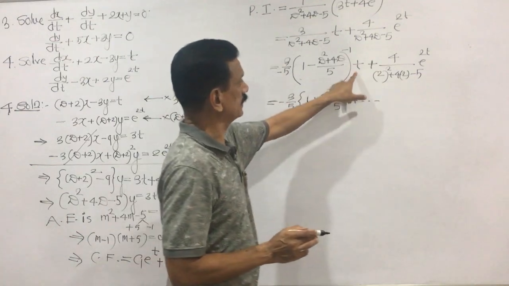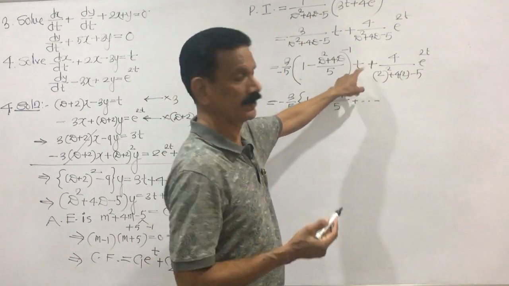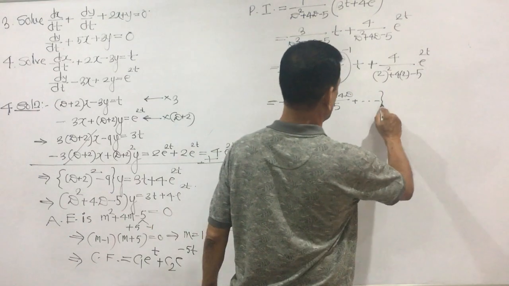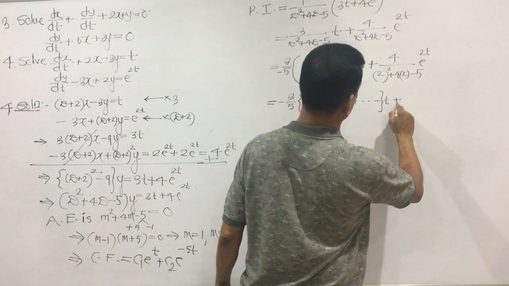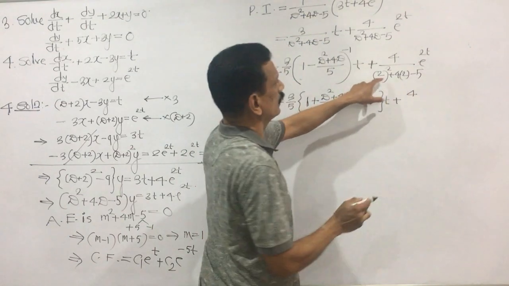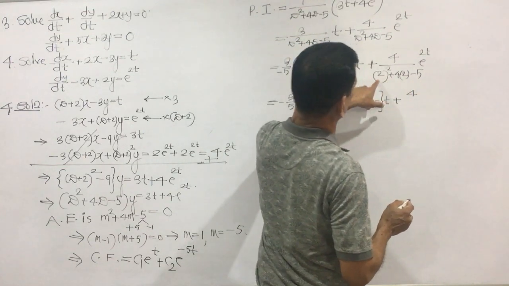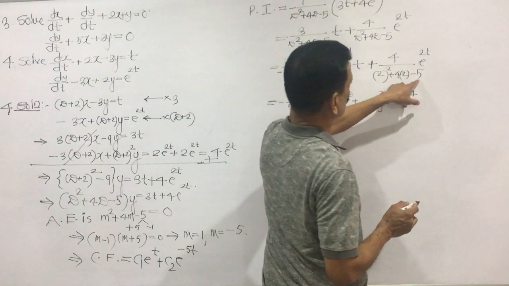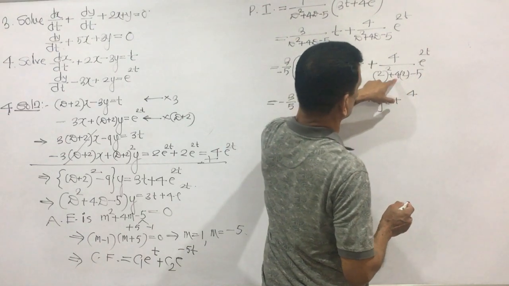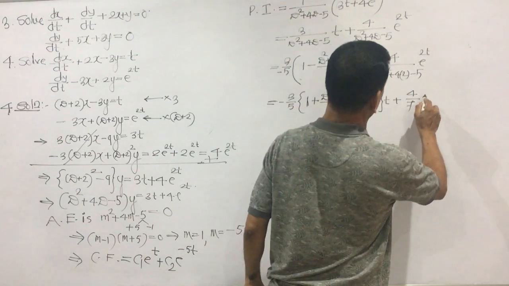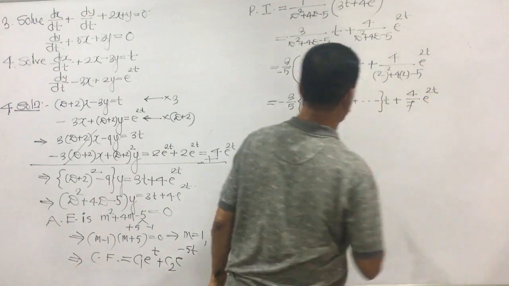We don't take because t is the highest, means you are getting higher derivative 0, and this is operated on t plus 4 divided by 4 plus 8 minus 5, means you are getting here 7, e raised to 2t.